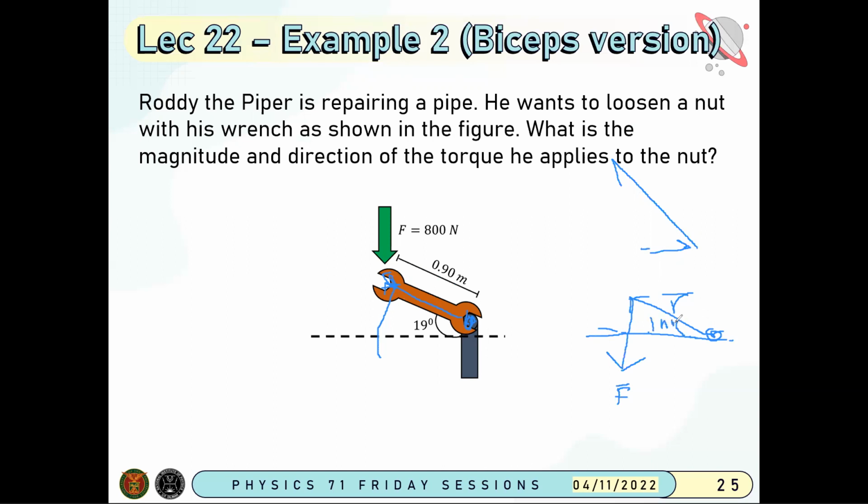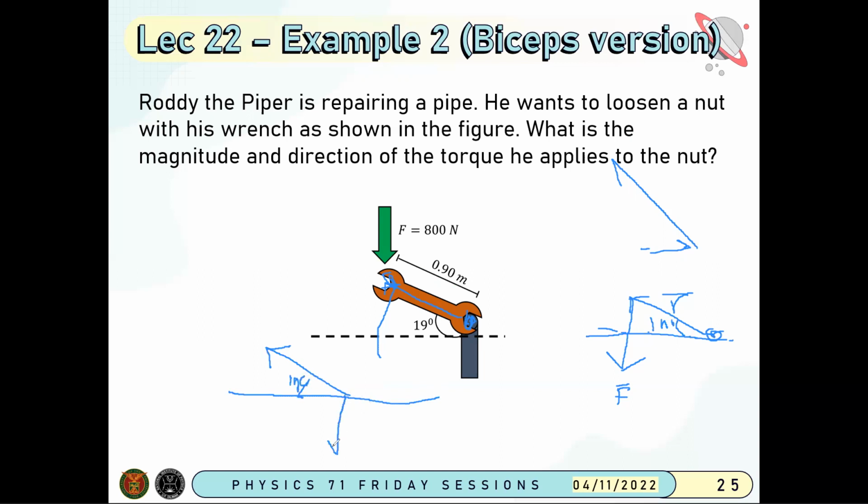Okay. So, ano ngayon yung angle between R and F? Again, we move from tail to tail. So, pwede natin ngayon i-move si F pababa. So, if we move natin si F pababa, magkakaroon ka ng R. You know this. This is 19 degrees.